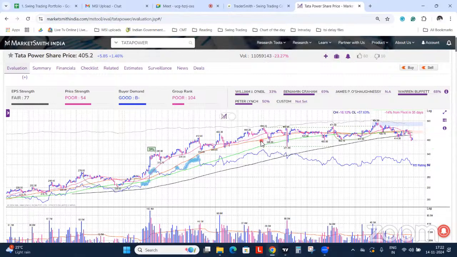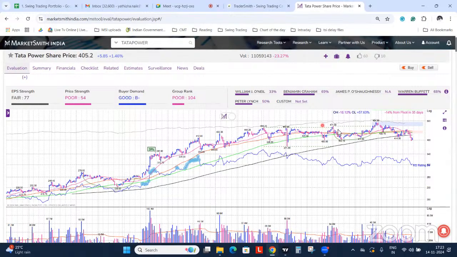It is still intact at 400, but if it breaches 400 decisively, one can expect at least 10% further correction in Tata Power, and maybe up to 20%. So below 400, one can expect levels like 360. But if it bounces back, there could be further sideways movement; I'm not denying that. But if it remains traded below 400, then maybe a 10% move.